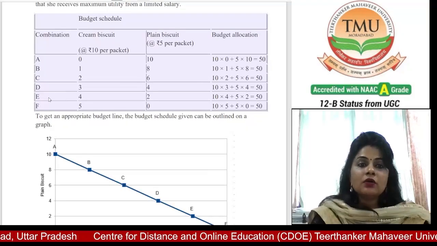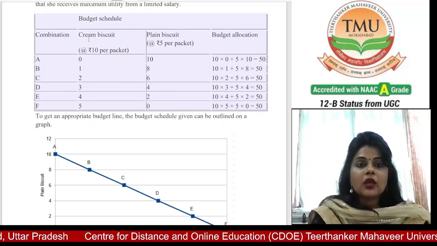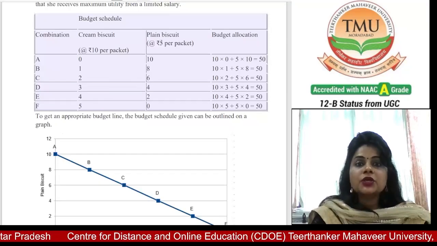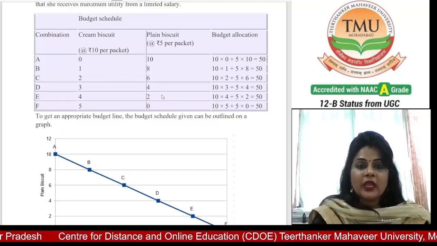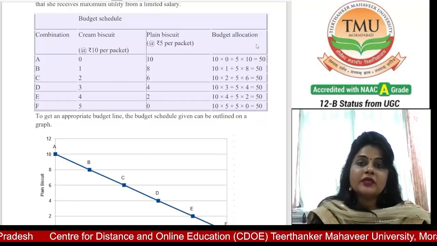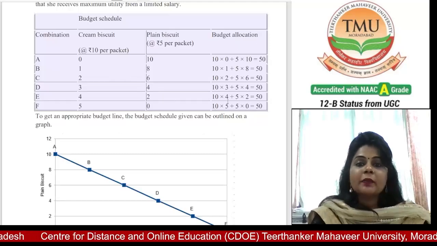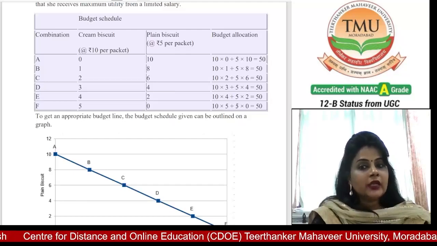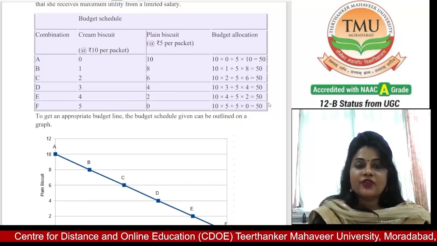Now see the E combination, where Radha bought four cream biscuits, and she also bought two plain biscuits. Now see the budget allocation here: 10 multiplied by 4 means 40, and 5 multiplied by 2 means 10, and 40 plus 10 is 50.